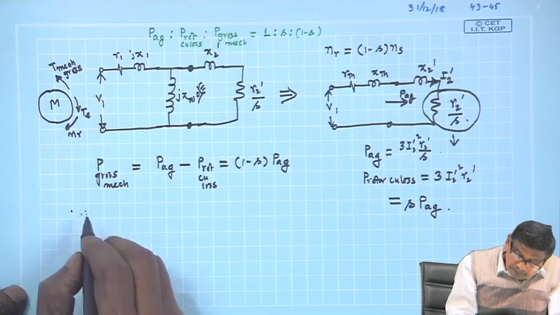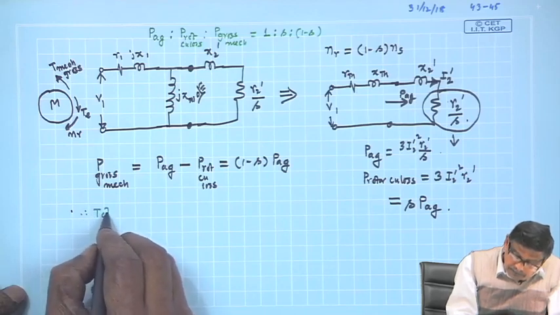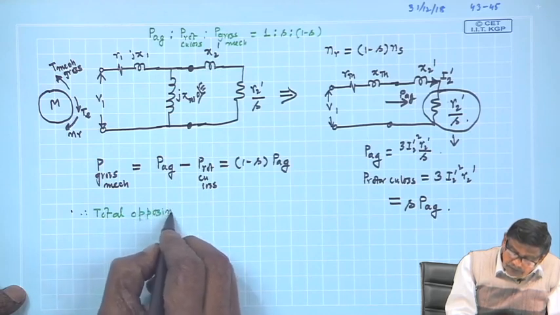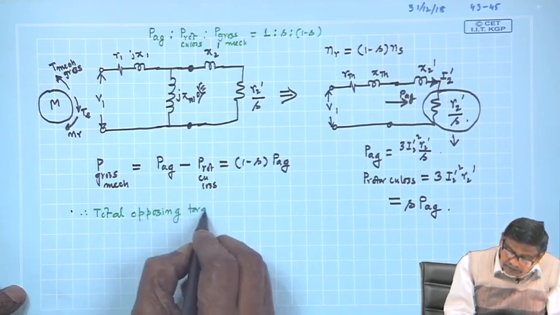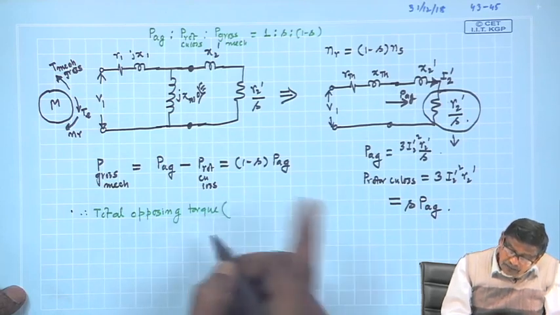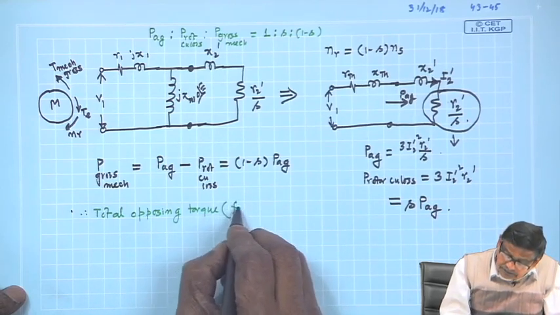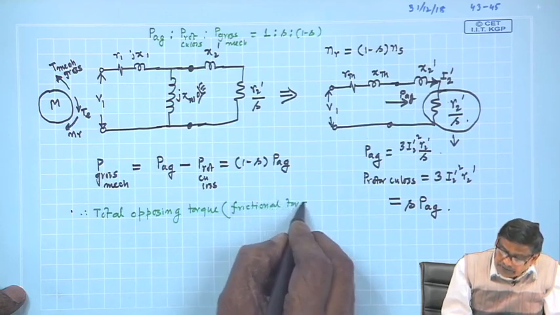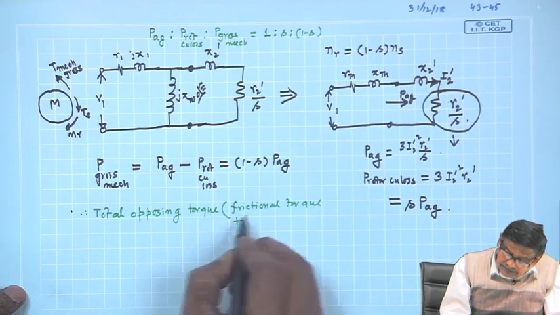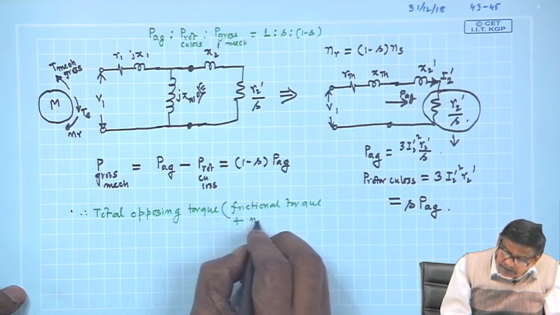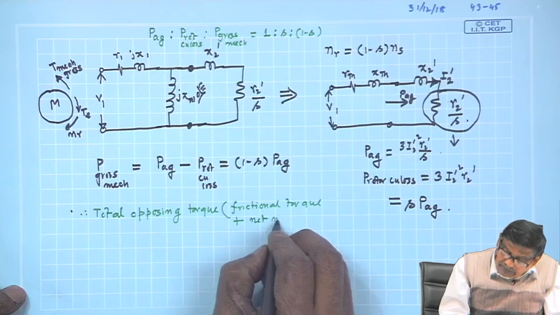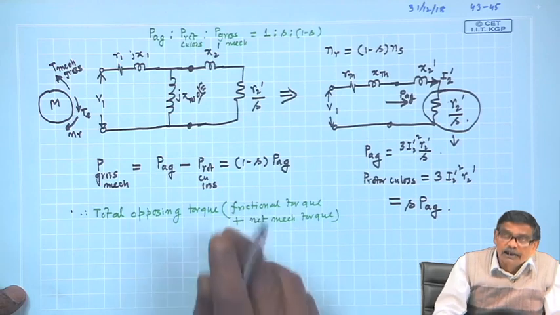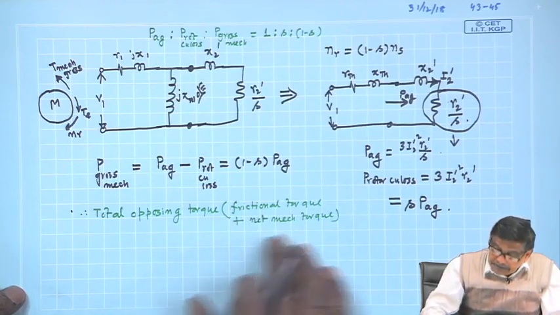Therefore, total opposing torque, which is the sum of the frictional torque to be overcome, frictional torque, plus the actual net mechanical torque, which is doing useful mechanical work for me, that is the thing.